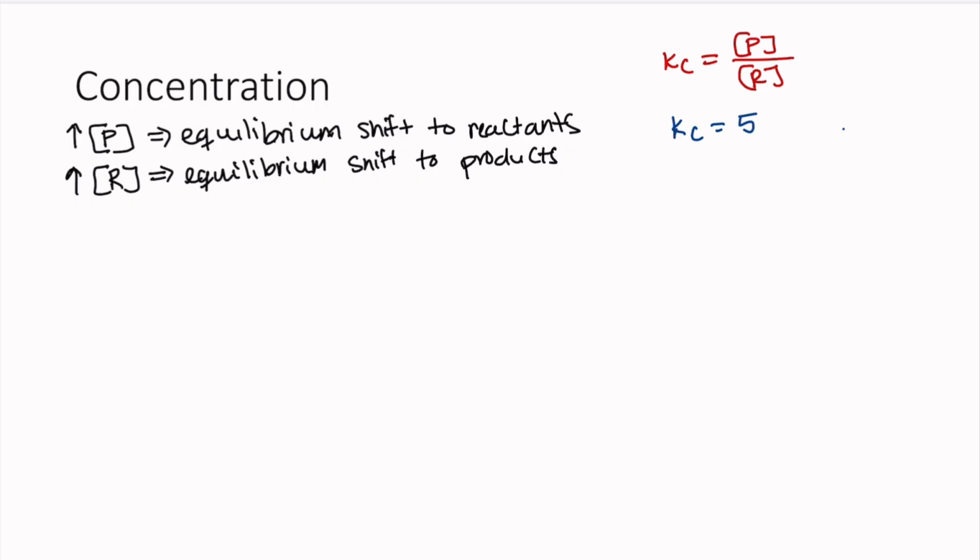Let's say the concentration of our reactants is 2 and the concentration of our products is 10. So we're going to have 10 over 2, and that is going to be equal to 5.